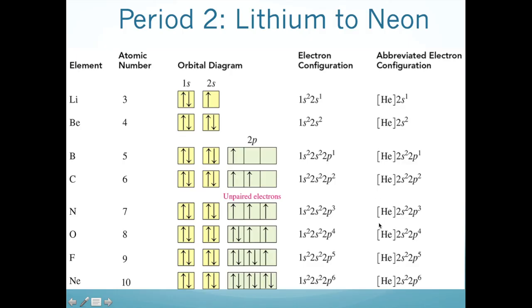Again, it's kind of silly for the second row because helium only takes up 2 electrons, so you're taking up as much space to write helium as you are to write 1s2. It really isn't abbreviating things much. I'll go through an example on the next slide with the third period.